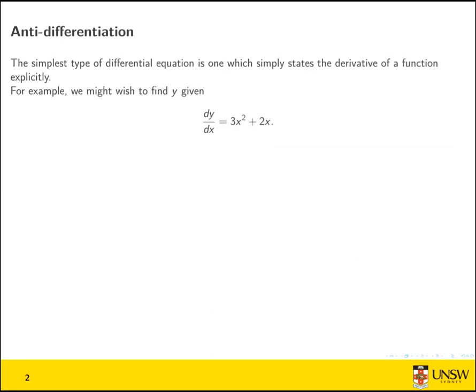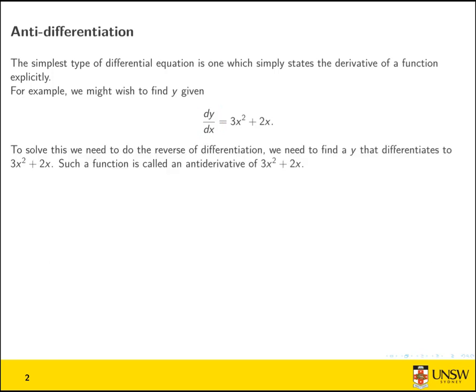So let's look at the easiest possible type of differential equations. These are the ones where you are given the derivative and you need to find the function. To solve this, we need to do the reverse of differentiation. We want to go backwards. We want to find a function that differentiates to 3x squared plus 2x.